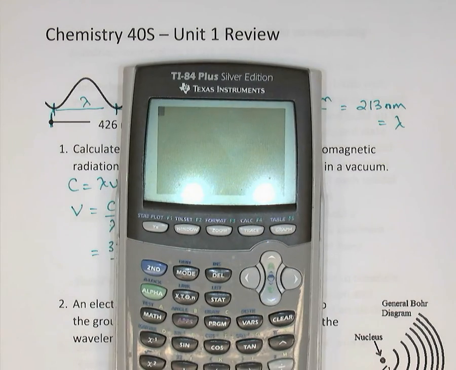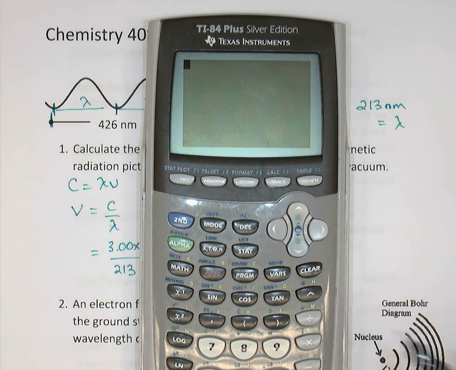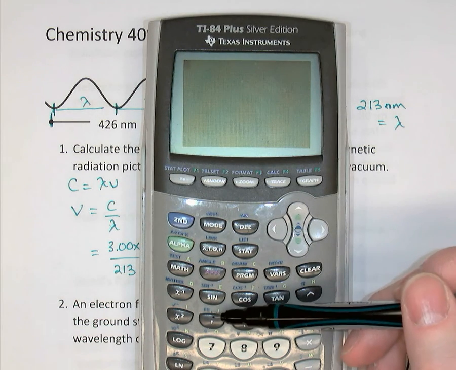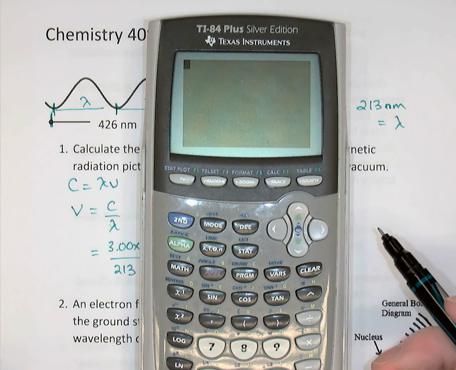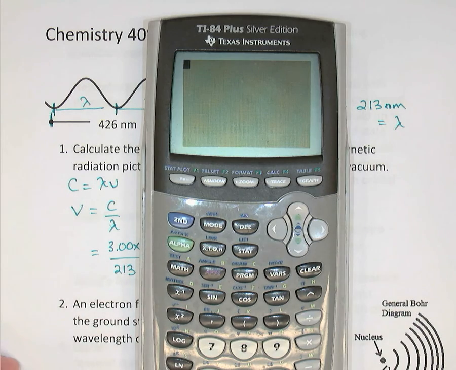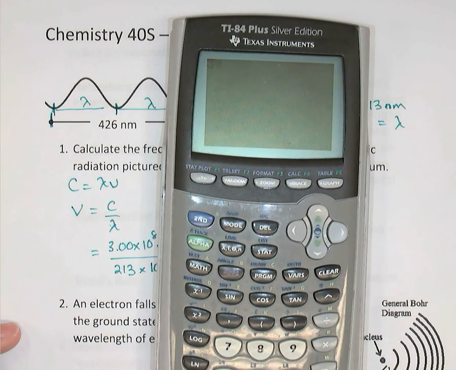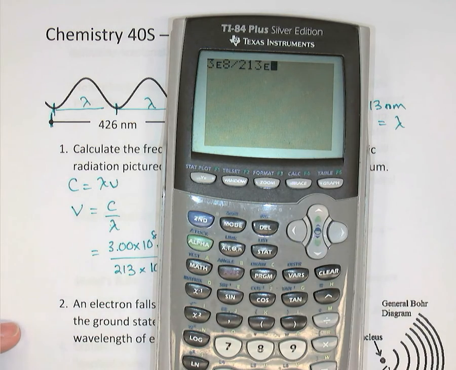I'm going to make use of the scientific notation button on the calculator. On the graphing calculator, it's right above the comma button. On other calculators, it'll be a button that says EE or possibly EXP. That's used for scientific notation. So 3, and then we press that button, 3 times 10 to the power of 8, and then we divide by 213. We press that button again, times 10 to the power of negative 9.